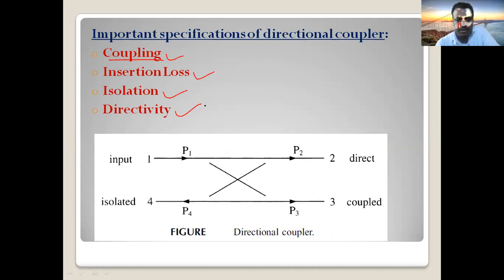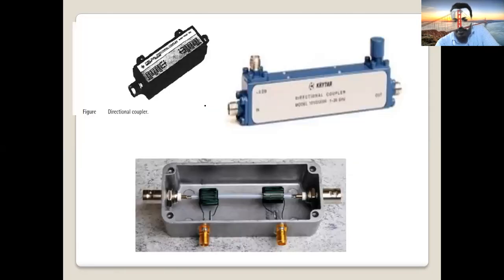What is the first specification of a directional coupler? It's called coupling. When you buy a directional coupler, you will see the coupling value, how much is C. It can be a 10 dB coupler. It can be a 20 dB coupler.